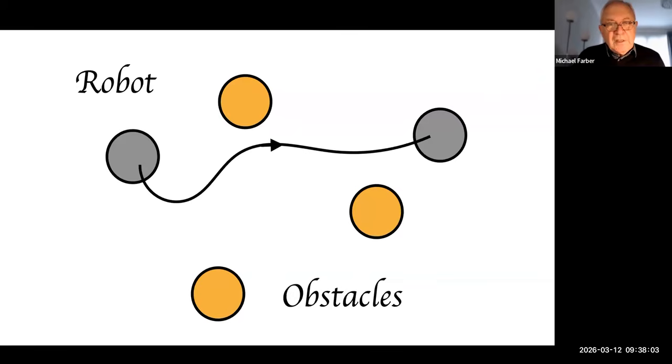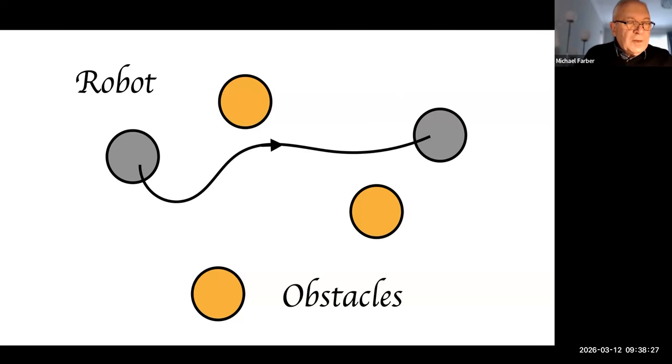So in this case, again, like in this picture, we have a robot moving from one position to another, avoiding obstacles, but the obstacles are not fixed. They are fixed while the robot is moving, but in principle, they can be in different positions.